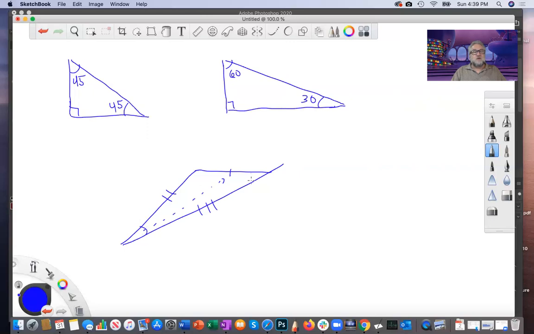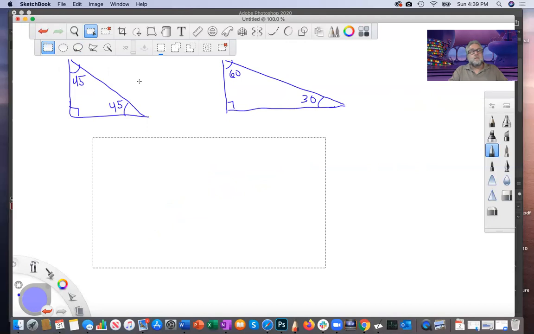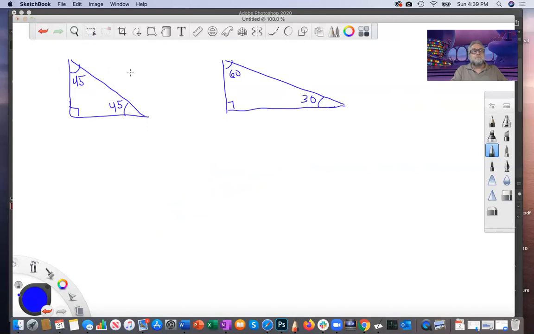And then this is the next biggest angle, and it's opposite the next biggest side. The biggest angle is always opposite the biggest side. That's how it always is in triangles. So it's the same here. Little angle, little side. Big angle, big side.